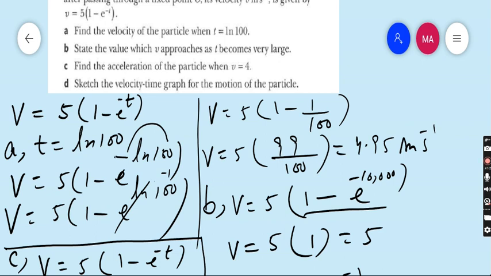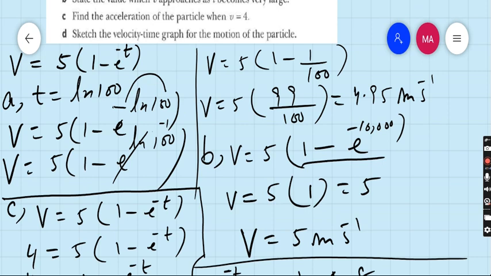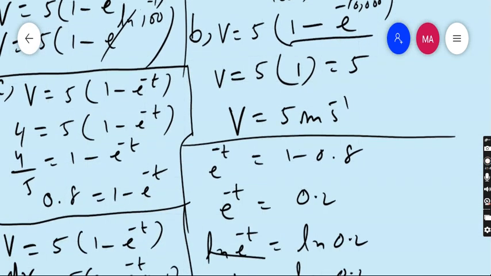But in part B, you found the value v approaches as t becomes very large. So the answer of part B is 5. This is our answer of part B.